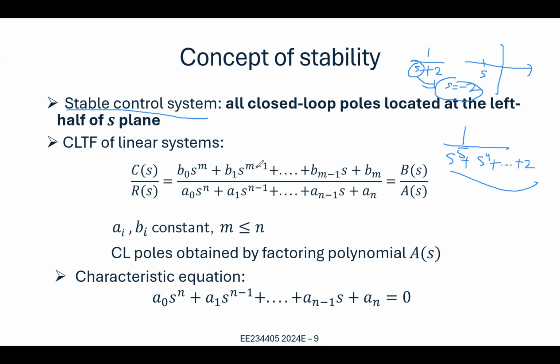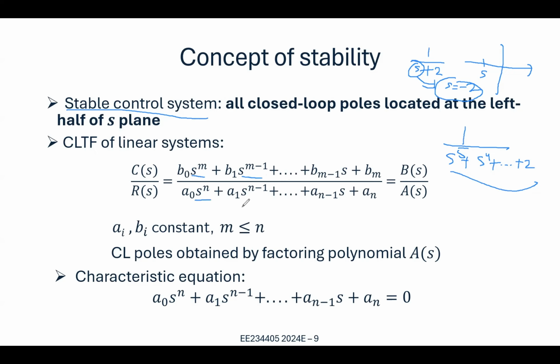And as you may already have noticed, when we are working with linear systems, we have the transfer function in the form of fractions. So we have s to the m plus s to the m minus 1 and so on until s to the power of 0.